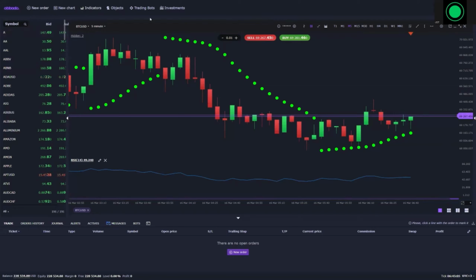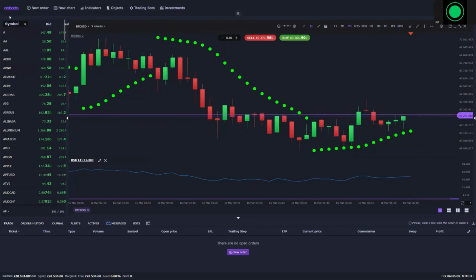And guys, for anyone who's just joining into the Zoom right now, the platform we're using is abado.com. You can see right here on the top left of the screen, abado.com. That's where we're trading. They have zero commission, zero swaps, so there's no overnight holding fees, and they have very low spreads. And if anyone knows anything about trading, we treat it like a business. And in a business, what do you want to do?